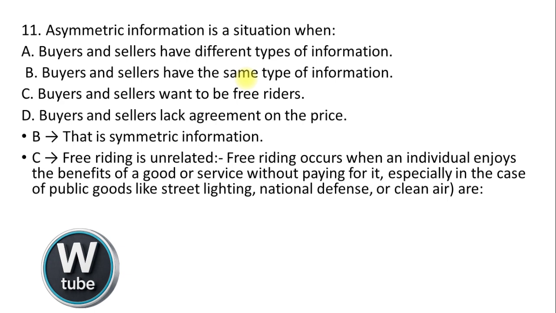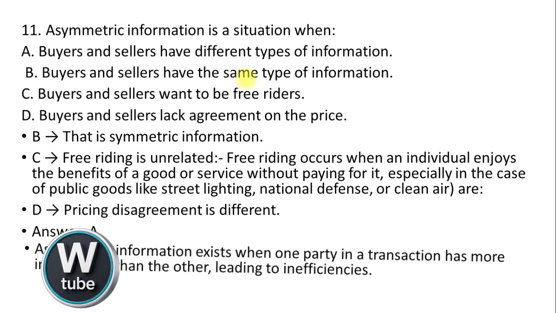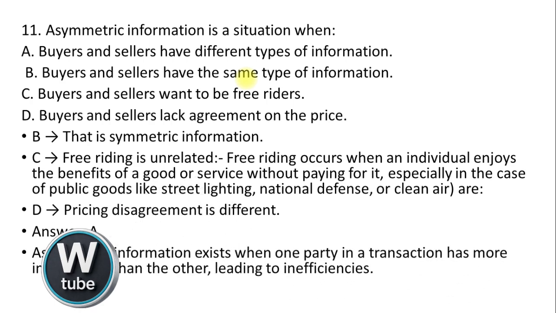D. Pricing disagreement is also a different issue. A is the correct answer. Buyers and sellers have different types of information. This is asymmetric information. Asymmetric information exists when one party in a transaction has more information than the other, leading to inefficiency. So A is the correct answer.